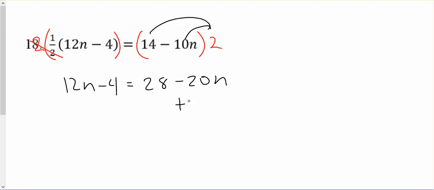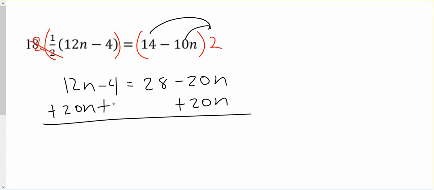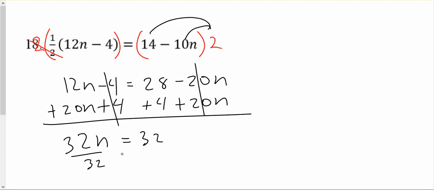Let's get our n on the left side, so we're going to add 20n to both sides. And if we're getting our variable on the left, let's get our constant on the right by adding 4. So we'll get 32n equals 32. Divide by 32. And we get n equals 1.